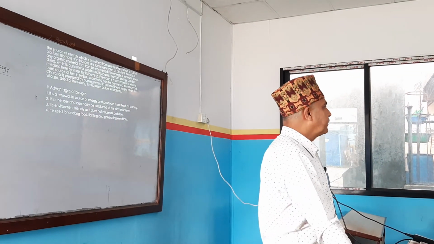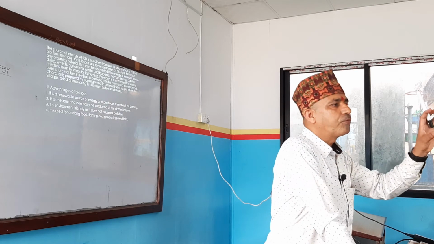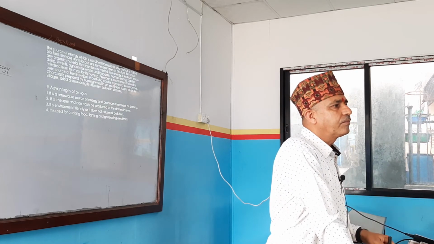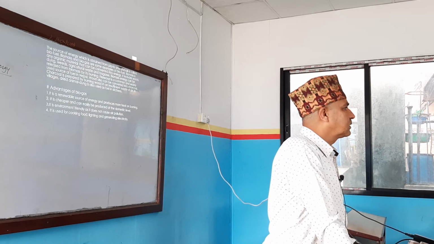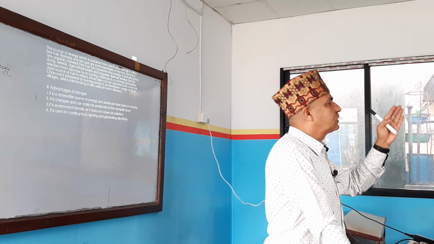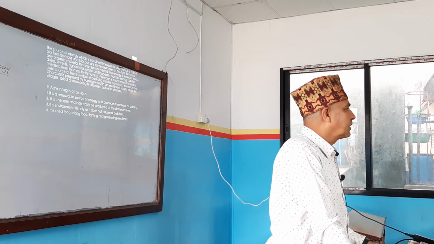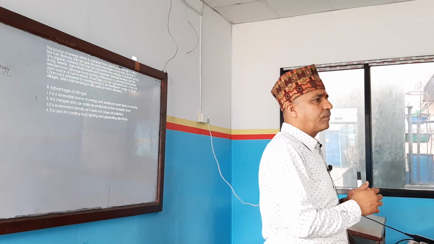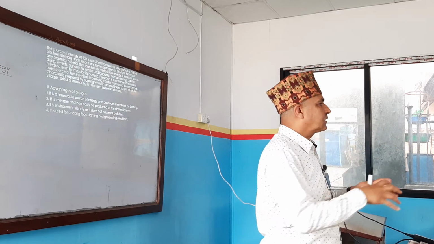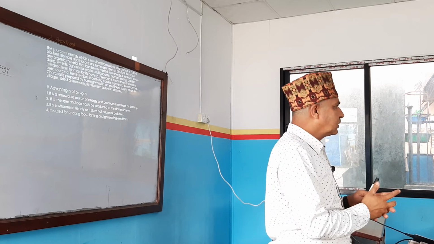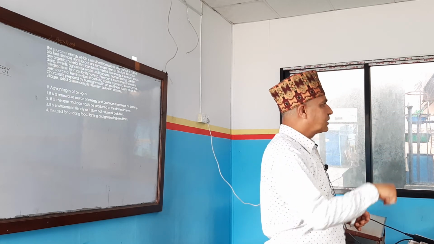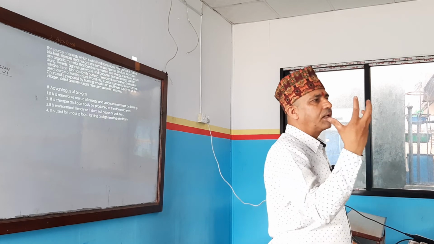What is biomass here? When you talk about dung of animal, what is that? Biomass. If there is part of a plant, what is that? Biomass. But when dung of animal and leaves of plants are kept in a gobar gas plant, and some other chemicals are added and rotated, one gas is produced.